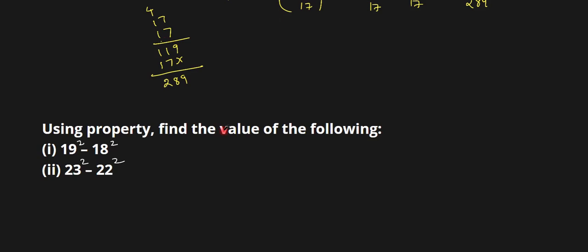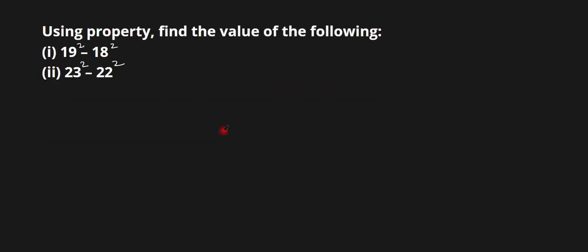Now the next question is, using property find the values of the following. So the first part is 19 square minus 18 square. Again you need to use the same identity, that is a square minus b square can be written as a plus b and a minus b.